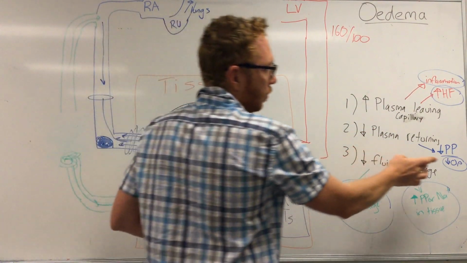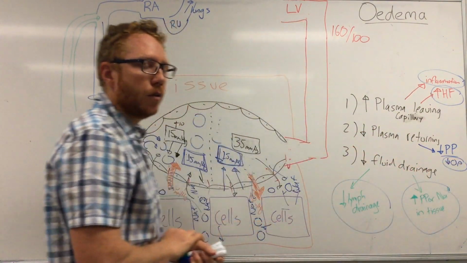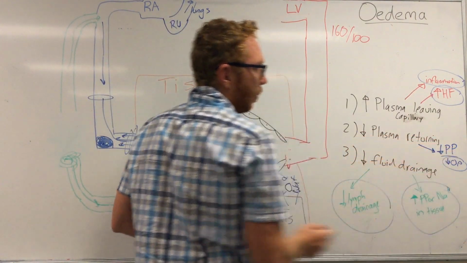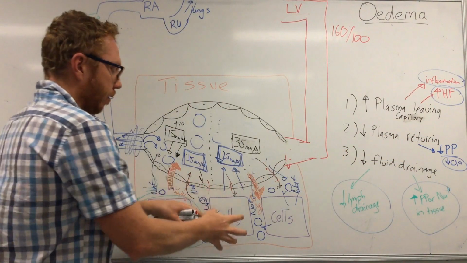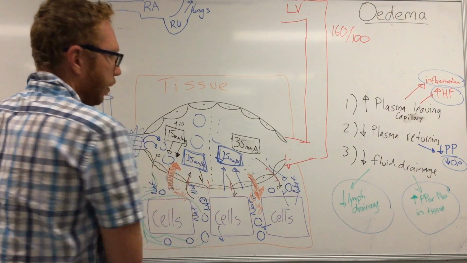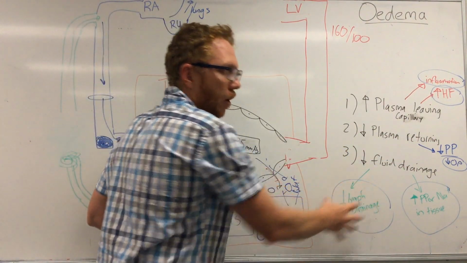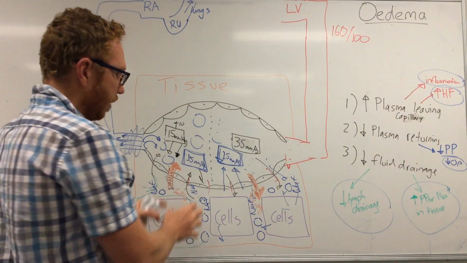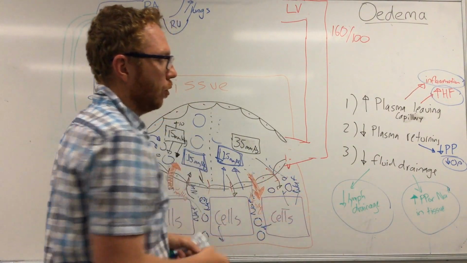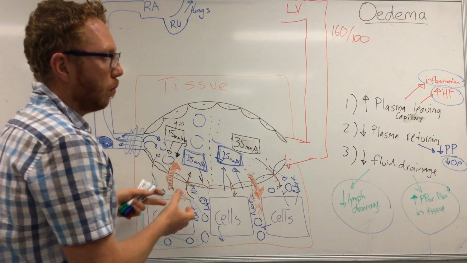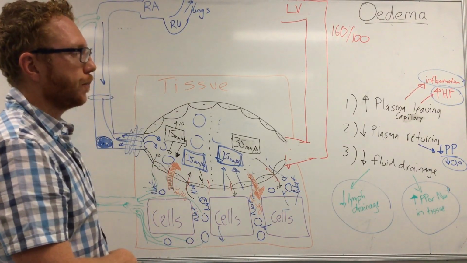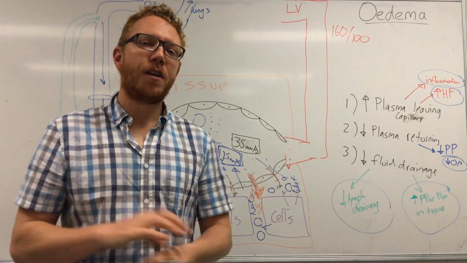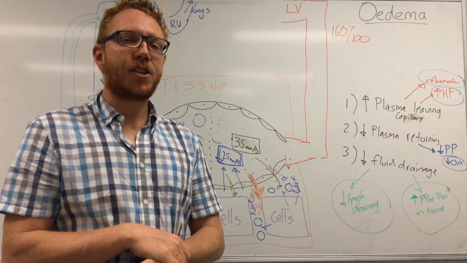This is usually caused by a decrease in oncotic forces, which is caused by a decrease in plasma proteins. And then finally, number three, a decrease in fluid drainage, which could be either through a decrease in the lymph drainage, or there are too many constituents in the tissue, such as salt or plasma proteins, that hold the fluid in there between the cells. So I hope that's helped, and that's the mini lecture on edema.